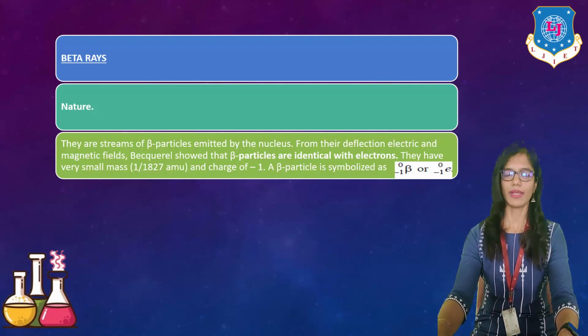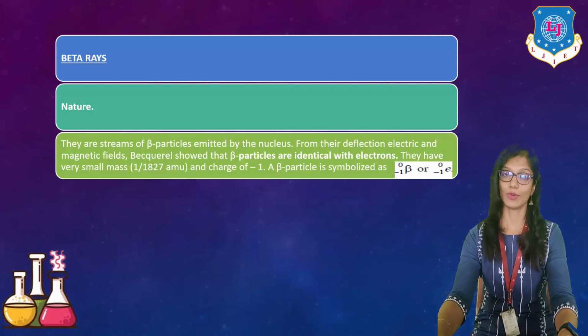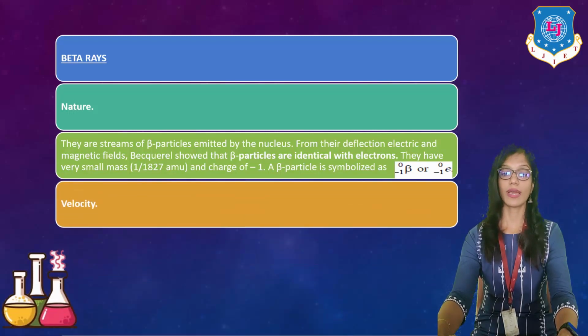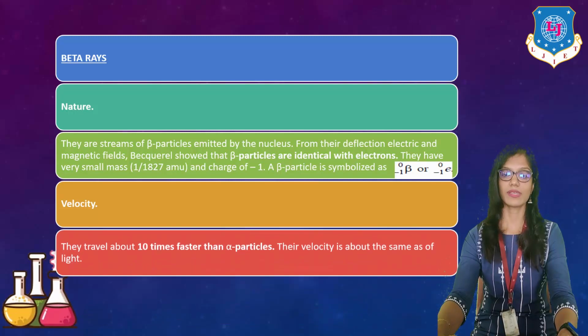So a beta particle can be symbolized as -1β0 or -1e0. Now let's talk about velocity. They travel about 10 times faster than alpha particles, and their velocity is about the same as that of light.